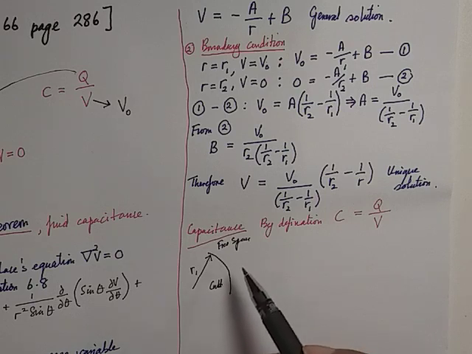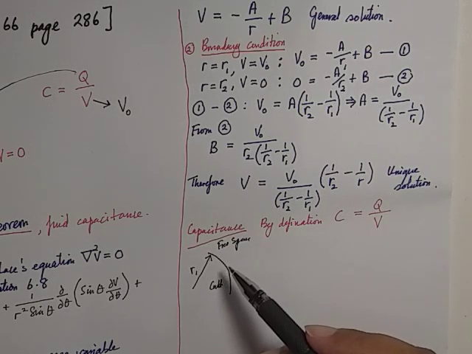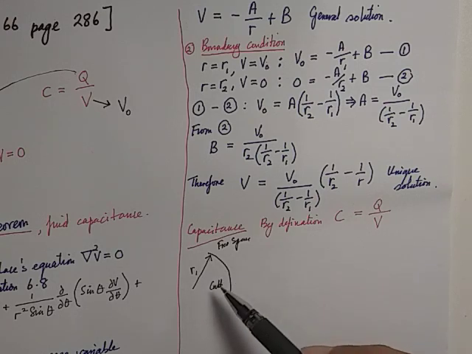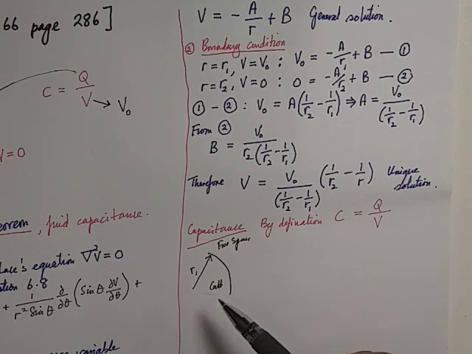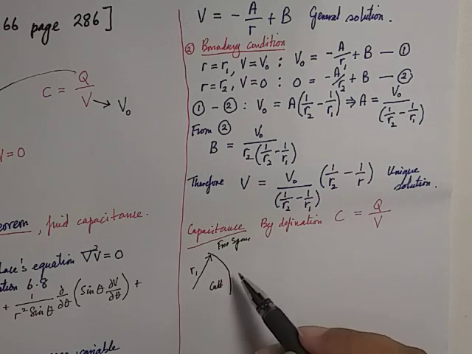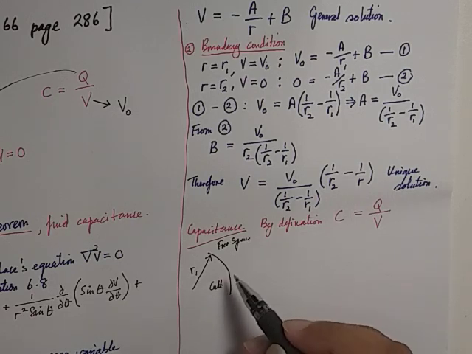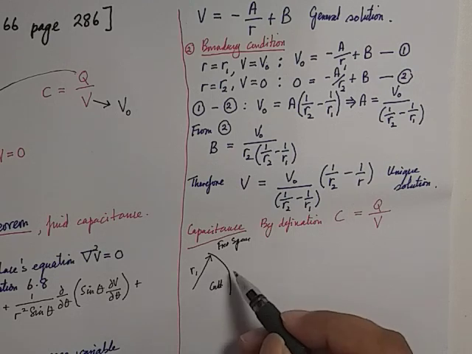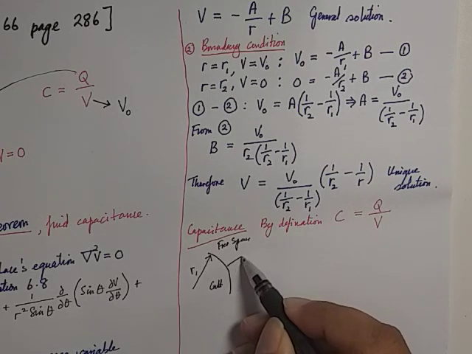And when that condition appears, we have three conclusions. First, the field only appears in the region of free space. There's not going to be any field in the region of the conductor. That's the first characteristic. The second characteristic is that the field will be normal to the surface.